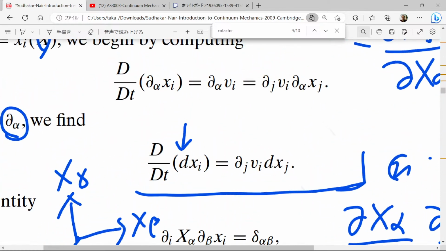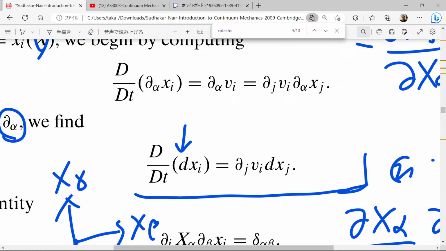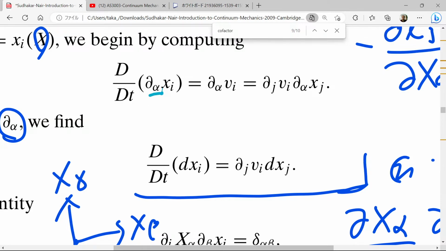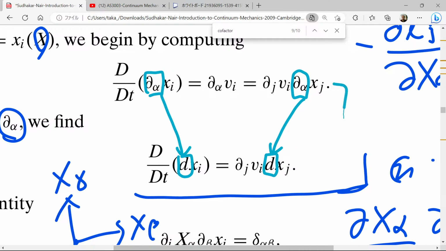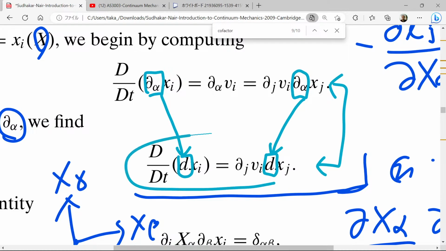This is very, very strange. I think he didn't drop this one, it is just changed to D. Then this guy is changed to D. Otherwise, these two things look the same. And I don't know what is the use of this equation.